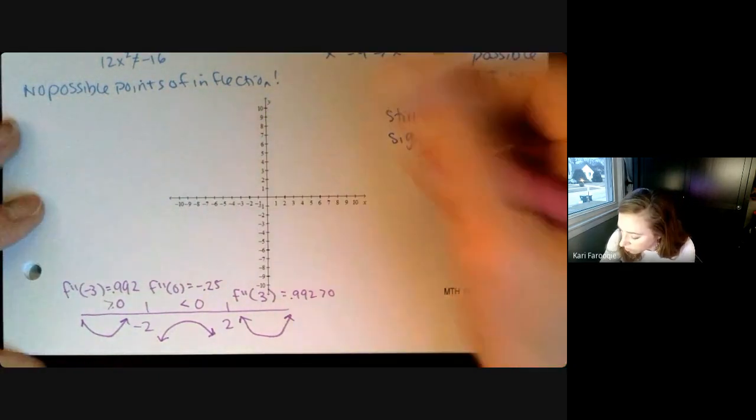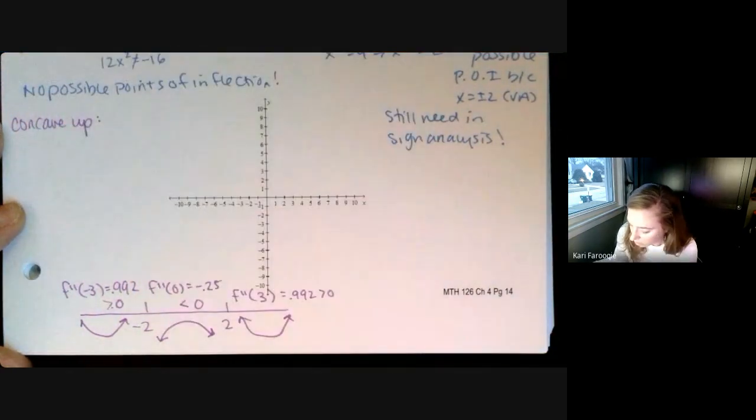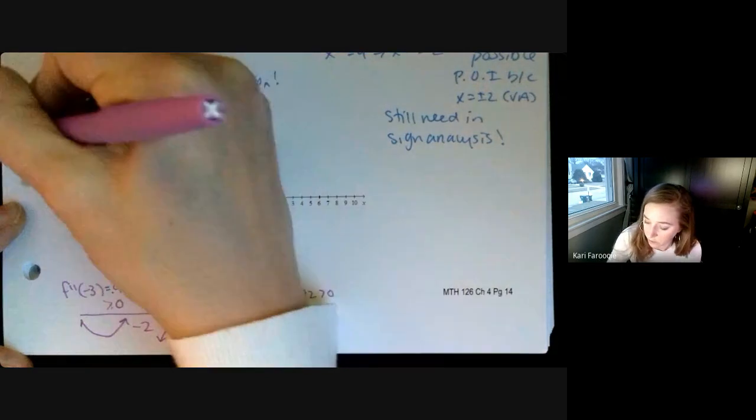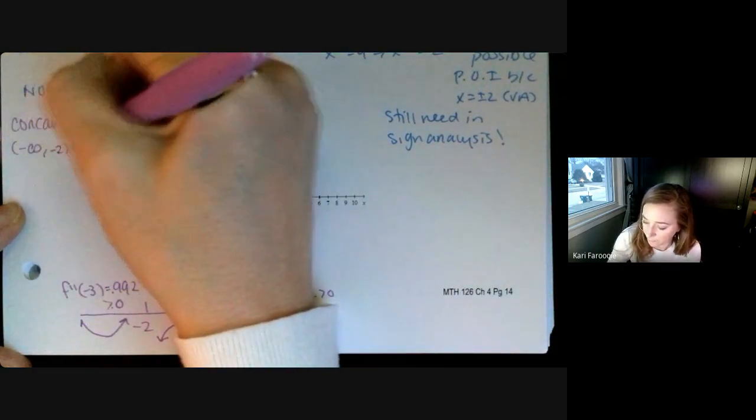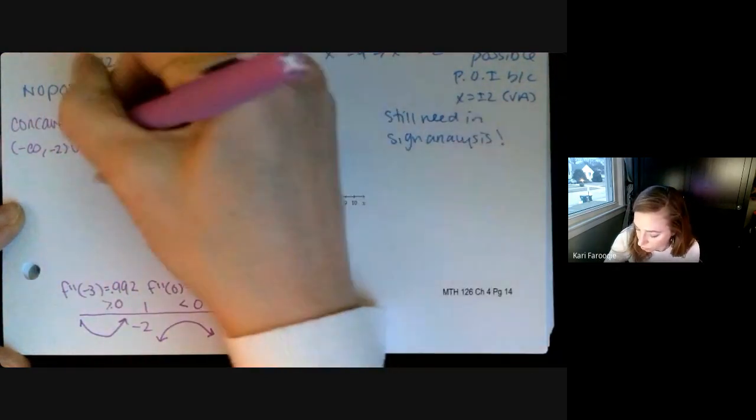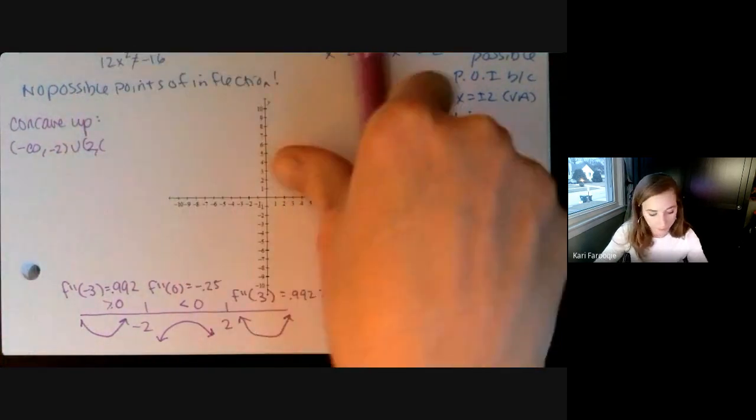So you could say that this graph is concave up on -infinity to -2 and to infinity.